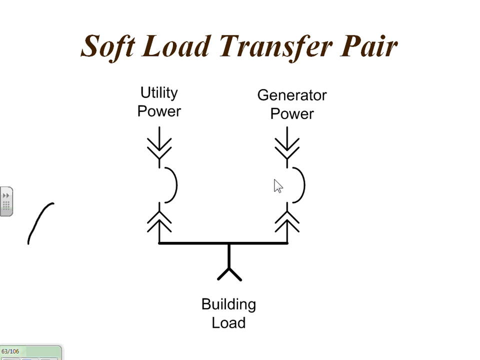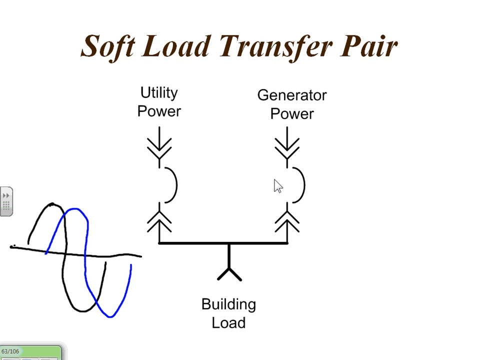So we want to have, takes a while. The main thing is the frequency. There's the utility. Here's the generator. Once it's up and running at speed, we've got the voltage pretty close, so we can get that tweaked, and the voltage regulator will take care of that. But we've got maybe 90 degrees here between the utility and the generator.